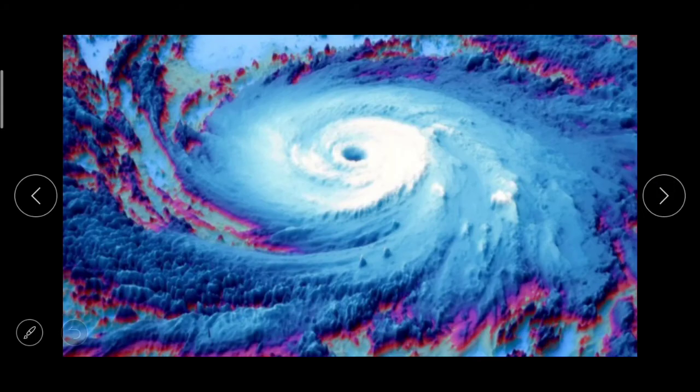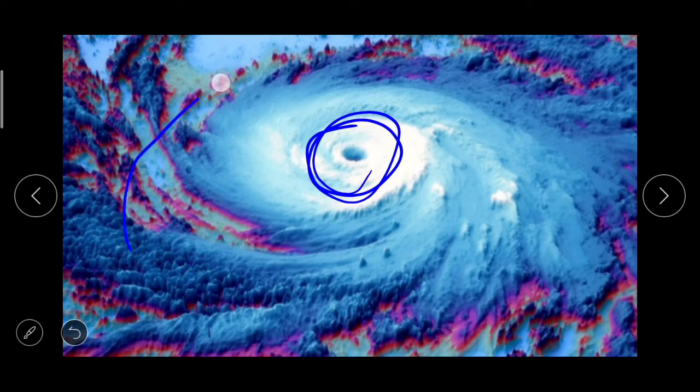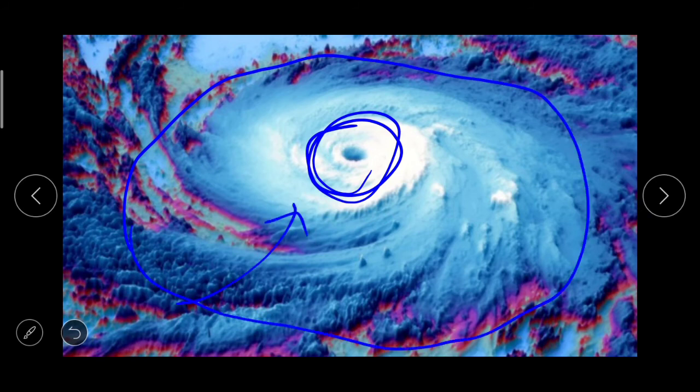In detail we'll see now. Here again by this figure you can easily understand, this one is the area where cyclone is formed, and which is because of the low air pressure surrounded by high air pressure. So from this high air pressure area, the wind blows towards the low pressure area.